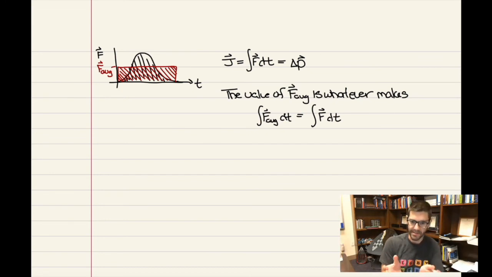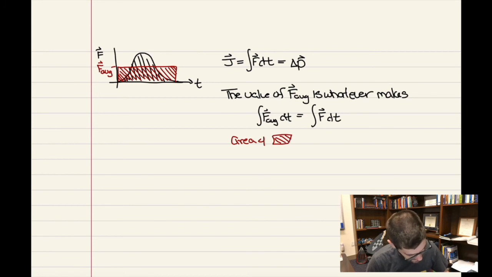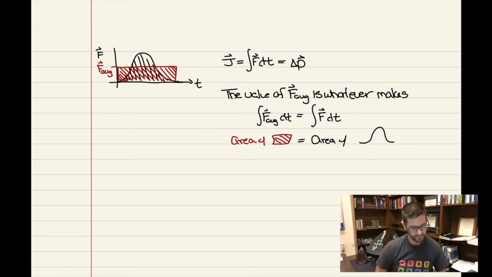Which again, geometrically, these just mean area under the curve. So I'm saying that the area of the rectangle equals the area of this kind of weird shaped function. This, in a sense, is how you define an average velocity.